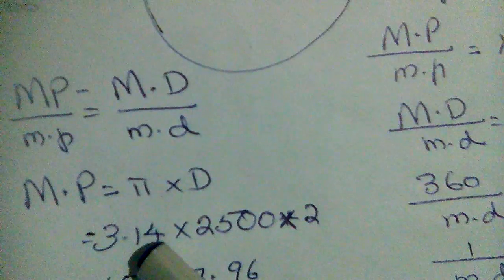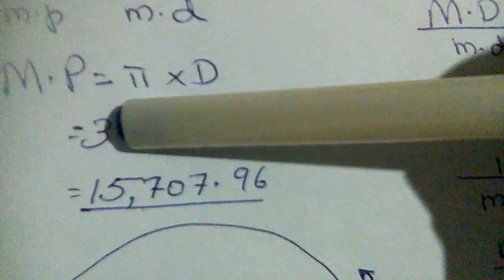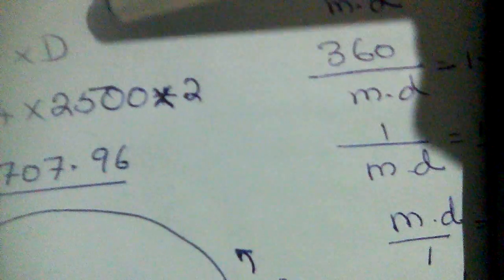Pi is 3.14, and d is not 2500; 2 times 2500 should be used. So instead of pi I used 3.14, and instead of d I used 2500 into 2.